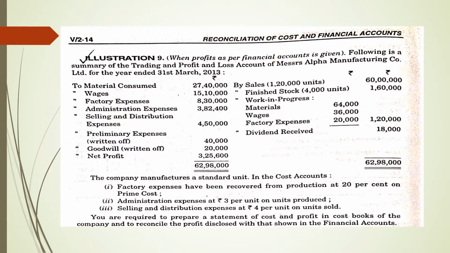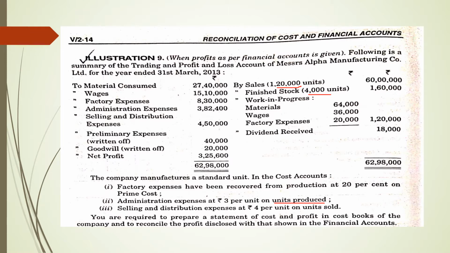The next adjustment is administration expense, at rupees 3 per unit on units introduced. In the question, only sales units are given, and we also know the closing stock units. On the basis of these two, we have to identify the total production of that factory.